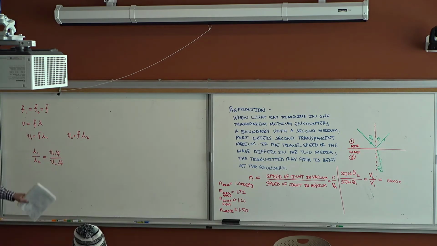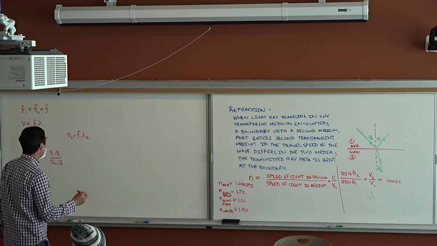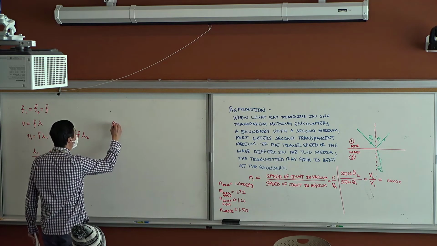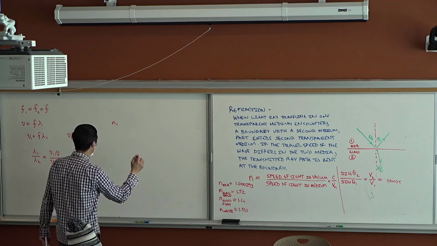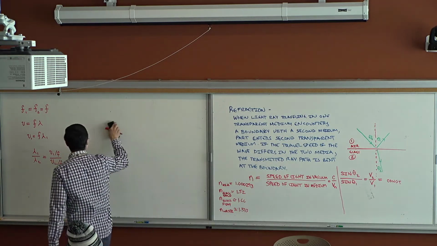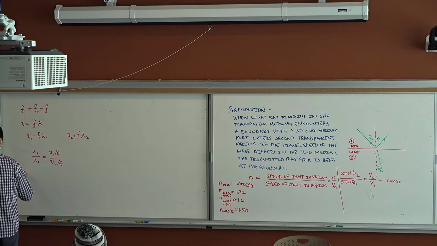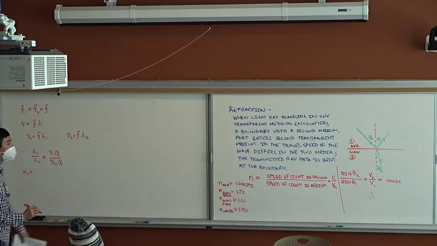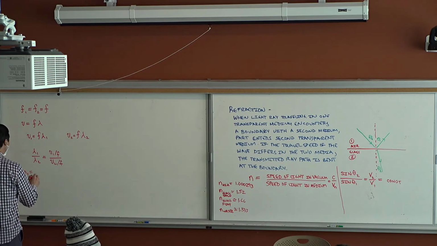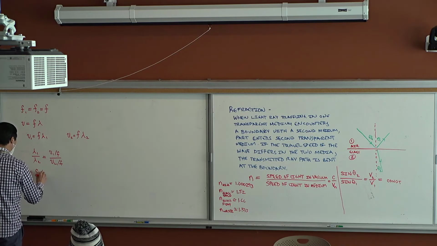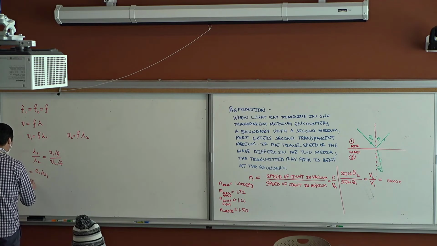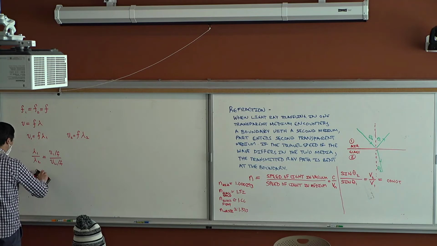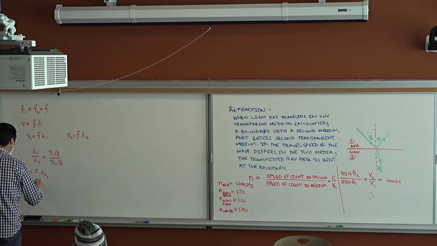But we also have that n1, I don't know why I'm being this wasteful of our words, that n1 is equal to c over v1, and n2 is c over v2.